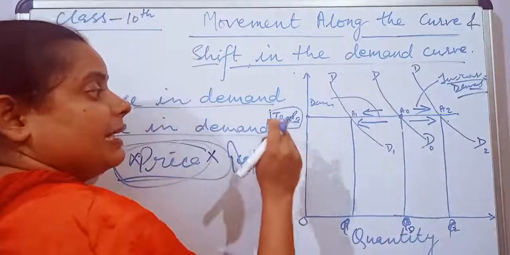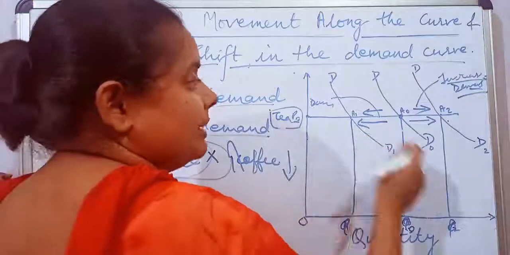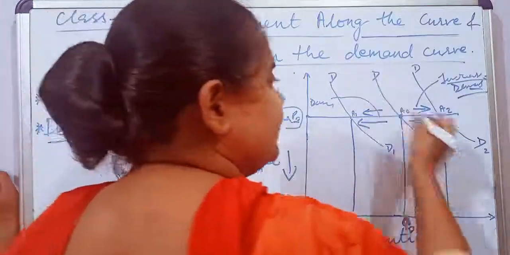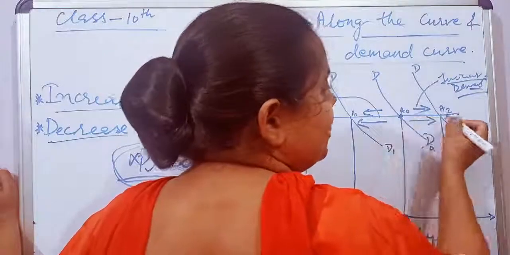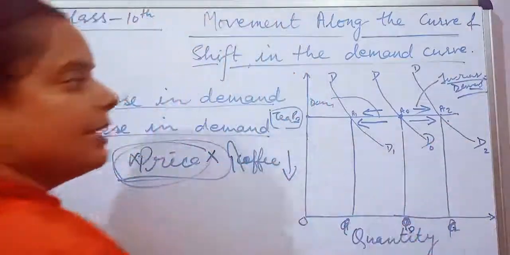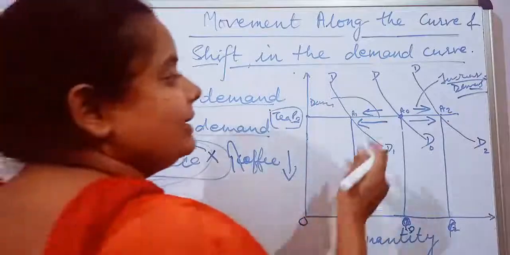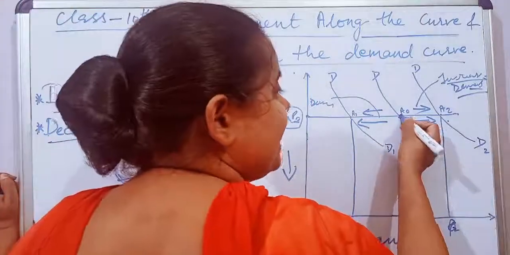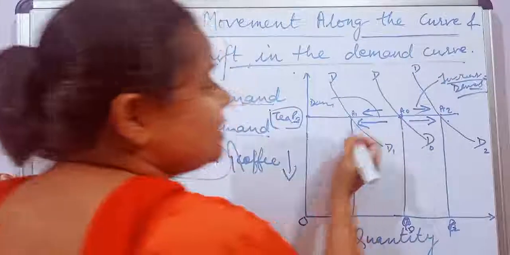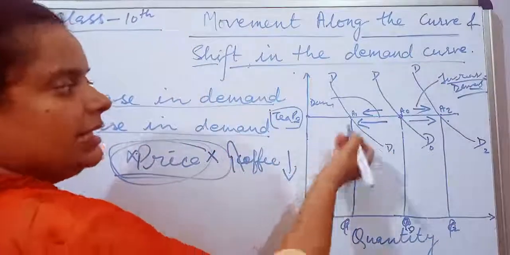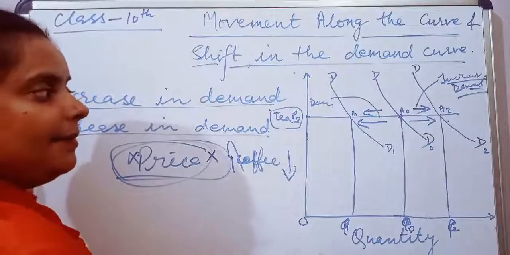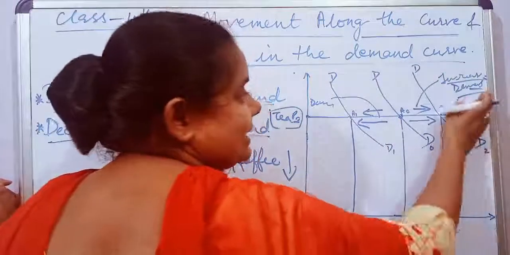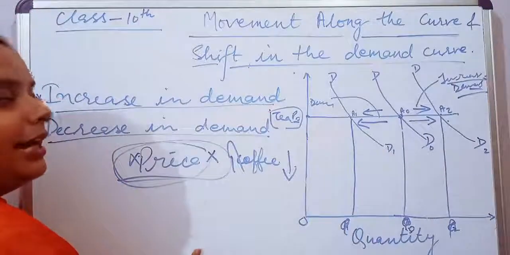But if the demand curve shifts towards the right from A0 to A2, it shows an increase in demand. And if the demand curve shifts leftward from A0 to A1, then it shows a decrease in demand. Again I am repeating, right side increase, left side decrease. I hope you have understood.